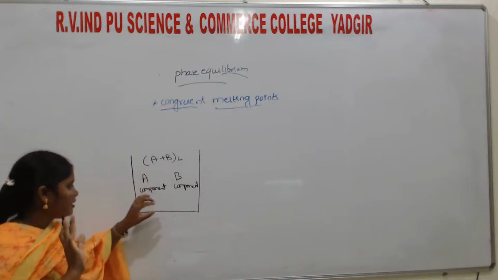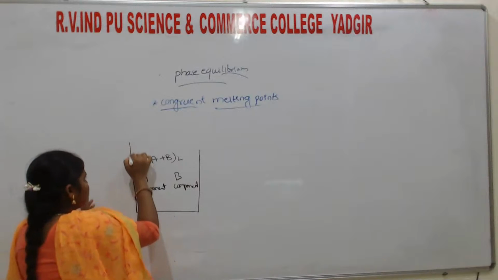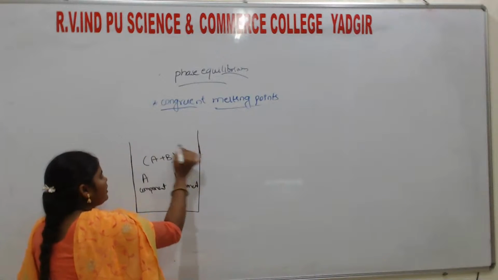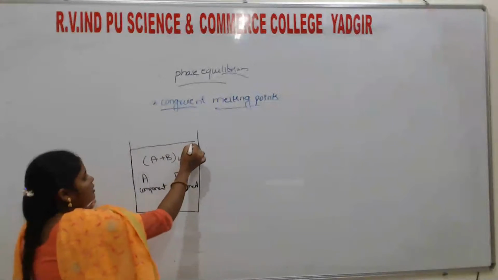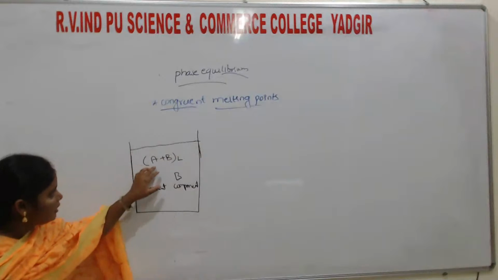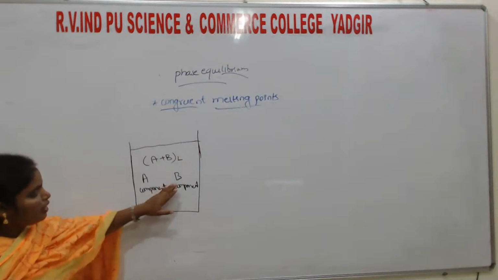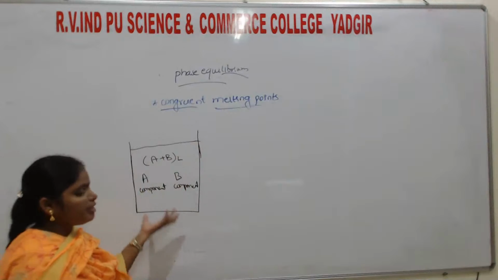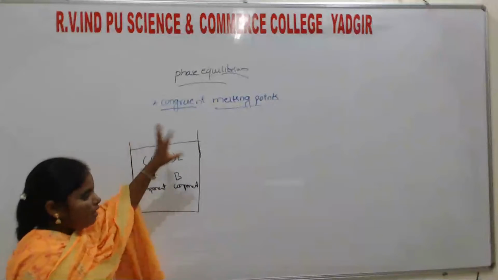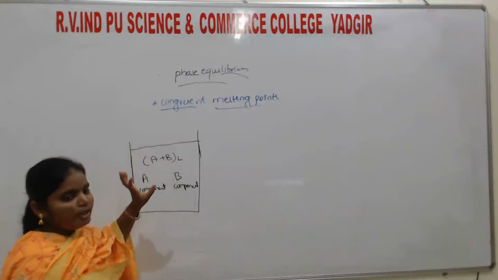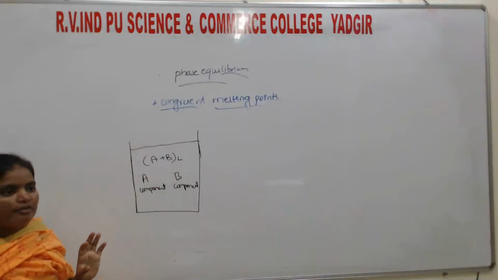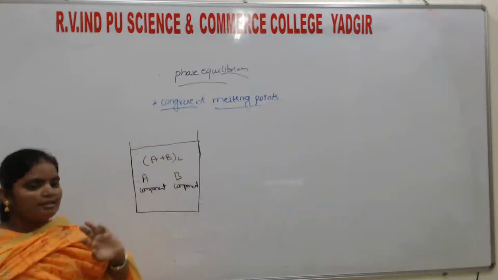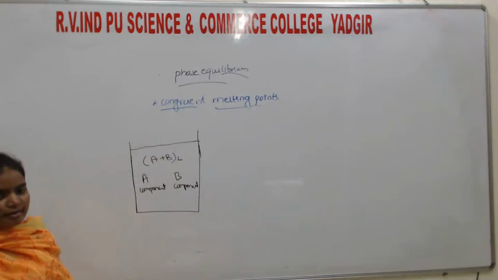This is one container. In this container I take A component and B component and give high temperature, and these two components convert totally into the liquid phase or liquid state. The phase is liquid or melt.